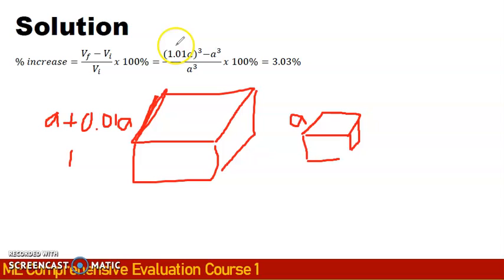So that's why we have 1.01a cubed as the final volume, and the initial edge gives the initial volume as a cubed. So we can cancel out all the values of a, so we have 3.03%.